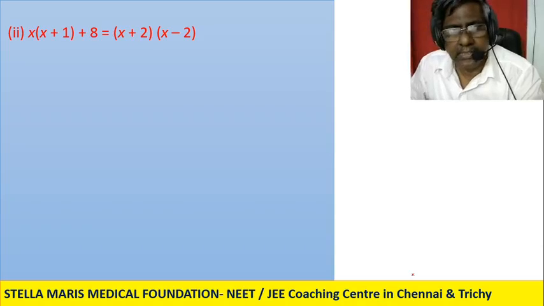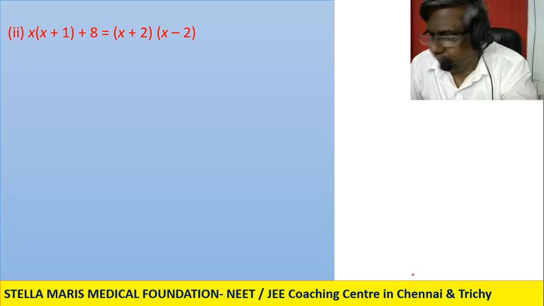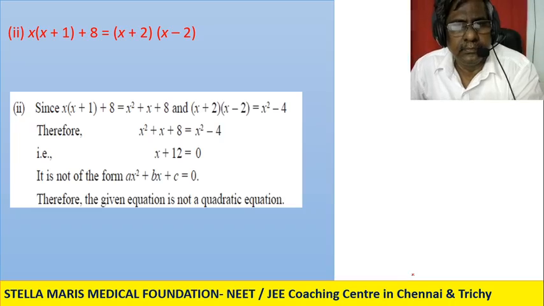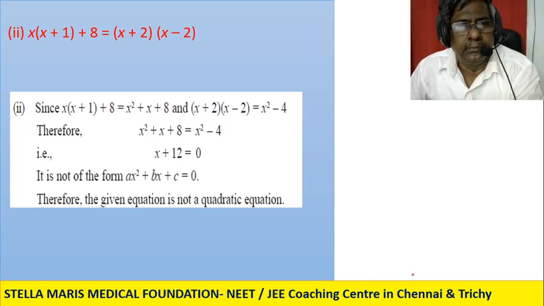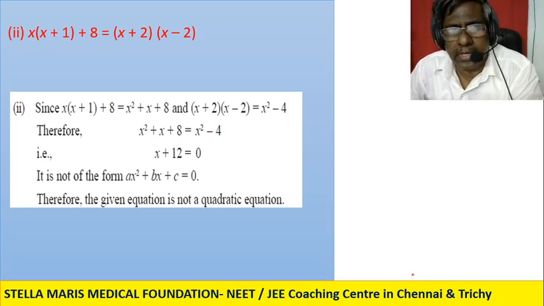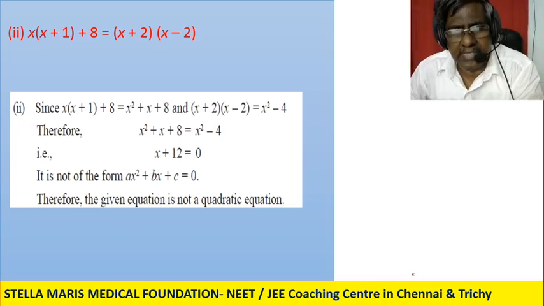Only two have answered. Roshan and Sai, good. The given equation is not a quadratic equation. When you multiply x into x plus 1, it becomes x square plus x plus 8 on this side. The other side will be x plus 2 into x minus 2.